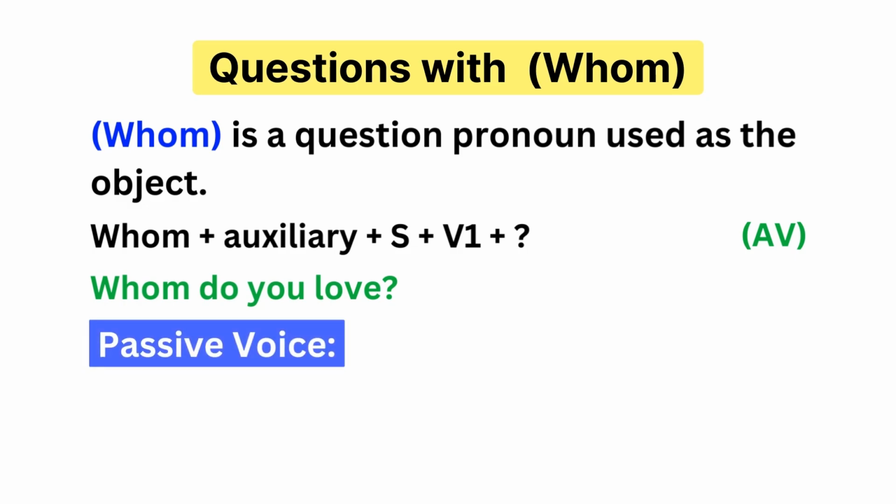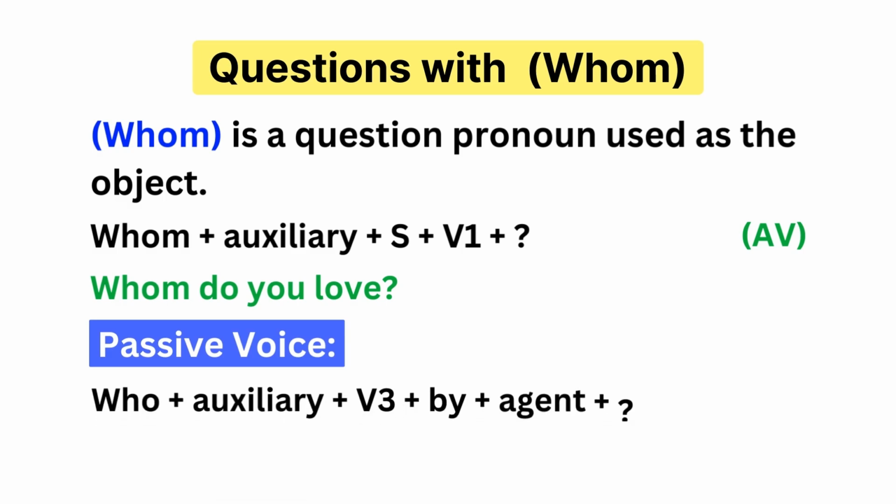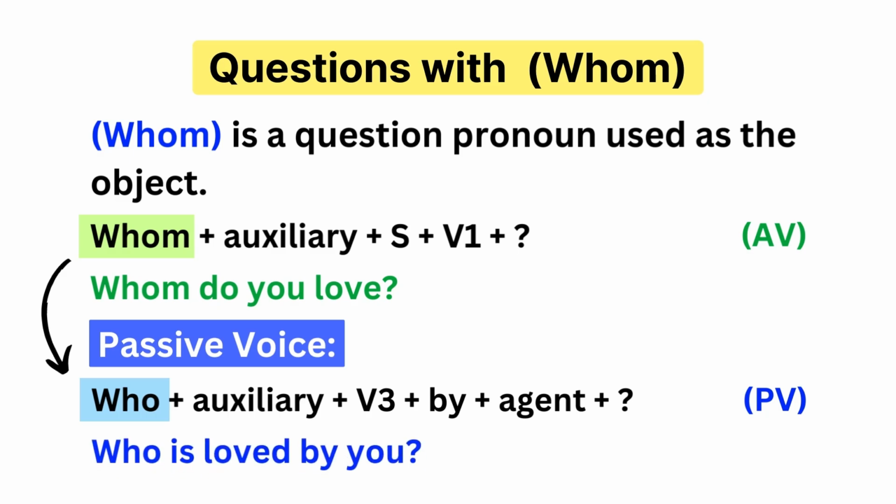While changing the sentence into passive, this structure becomes who plus auxiliary plus past participle plus by plus agent. Here, whom changes to who, because who is the subjective case of whom. Who is loved by you?